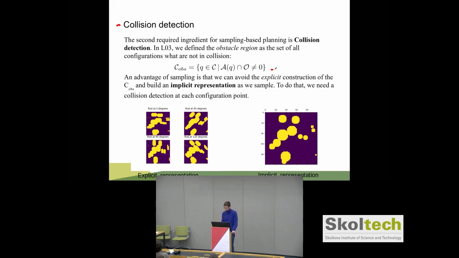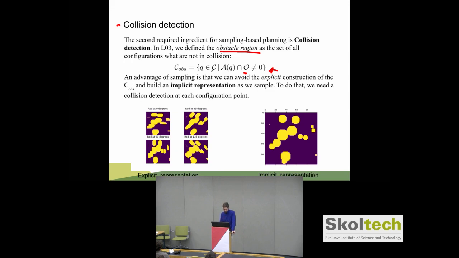It was defined something like this: all configurations that belong to our configuration space, if they intersect with an obstacle, that configuration is in collision, right? So it's part of this obstacle region, as we were saying. If the intersection is 0, there's nothing that touches, then there's no collision, okay?